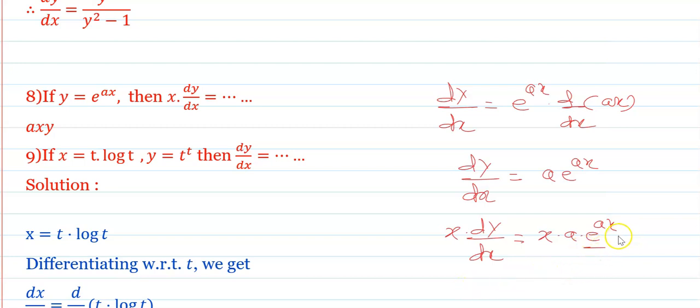Therefore, what is the answer? x a y is the answer. And therefore, x into dy by dx is equals to x a y or a x y. First we write here constant a x y. This is the answer. Normal, simply differentiate, substitute the value of y.